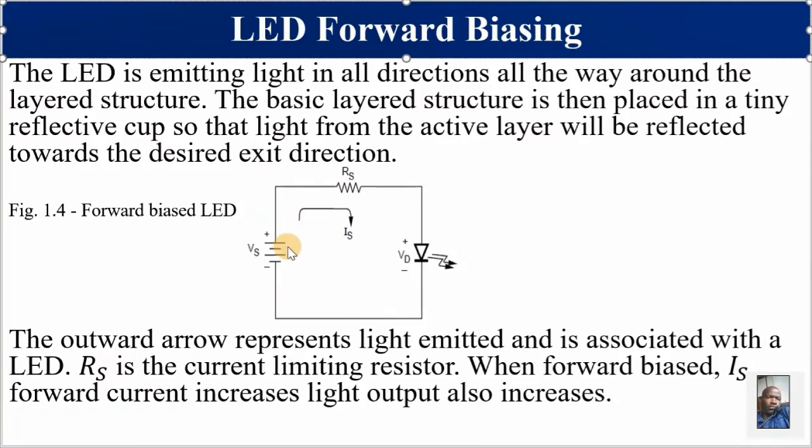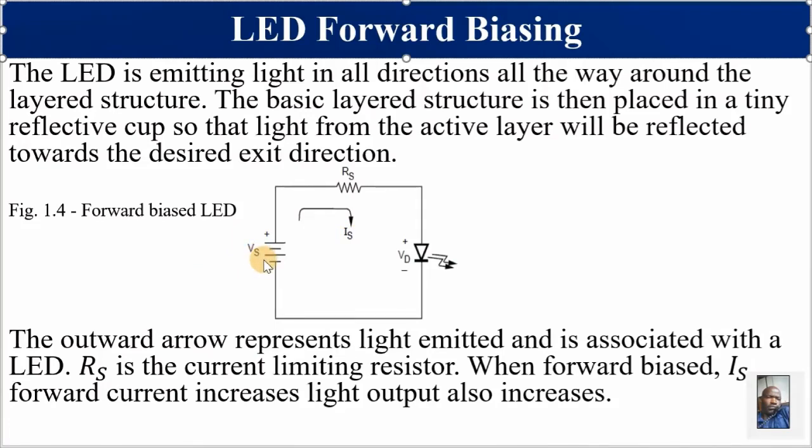It means that when reverse biased, there is no emission of light. RS stands for a current limiting resistor, so that the light emitting diode is not destroyed by excessive current. The current that flows in this direction we call I, the symbol for current, hence IS, because our supply is VS, standing for supply voltage.